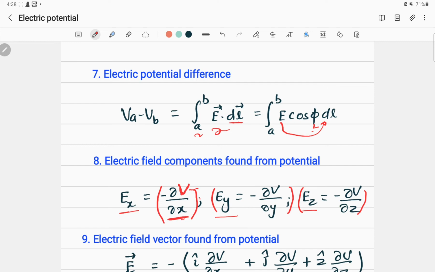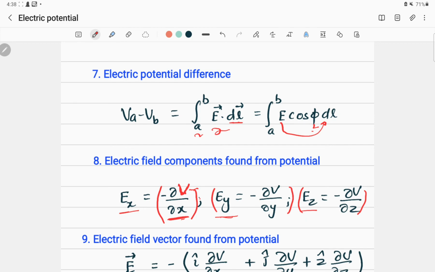So the electric field components will be equal to the negative of the corresponding partial derivative of the electric potential function V. Look here, this is the negative of the partial derivative of the electric potential function V, right? So you are getting the x component, y component, and z component.